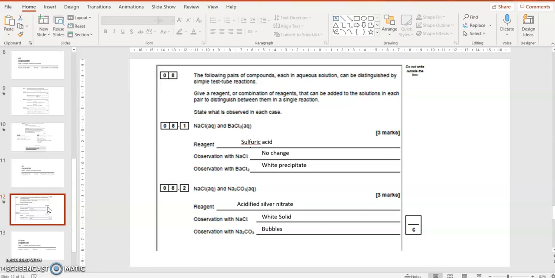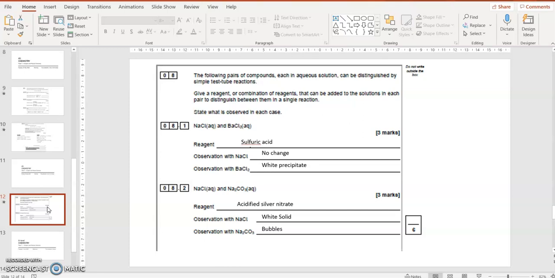What about sodium chloride and sodium carbonate? Well, I've got to add the acidified silver nitrate. It would make a white solid in both cases, silver chloride and silver carbonate, but the white solid must be silver chloride from sodium chloride, because the acidified nature of the silver nitrate means it can't be silver carbonate that's made, because that reacts with acid.